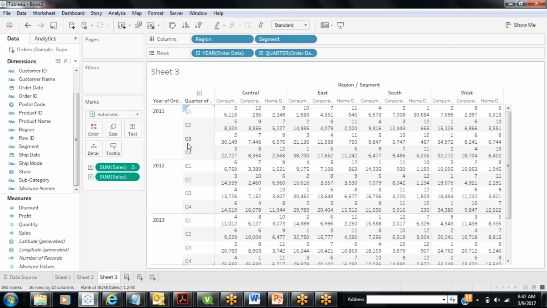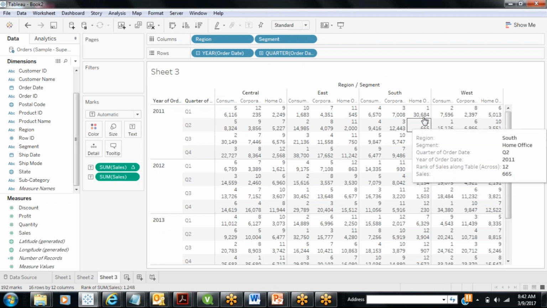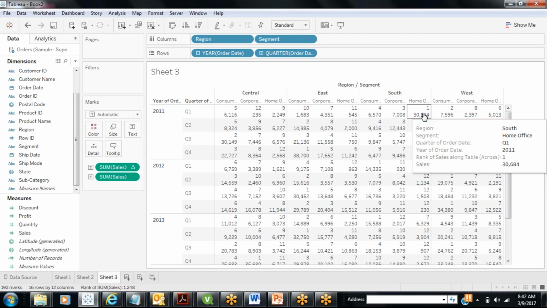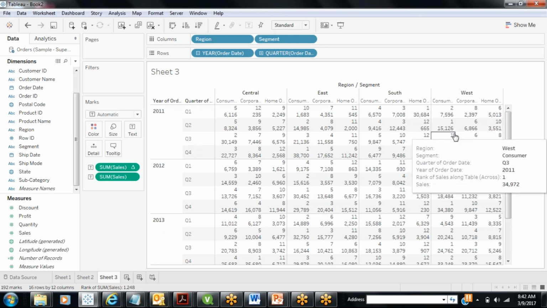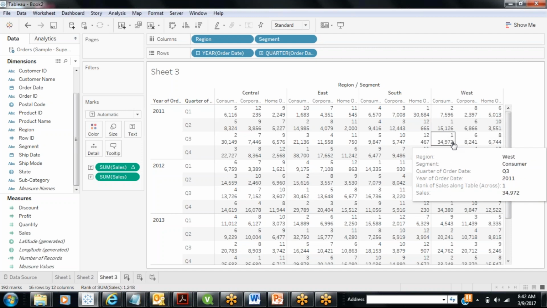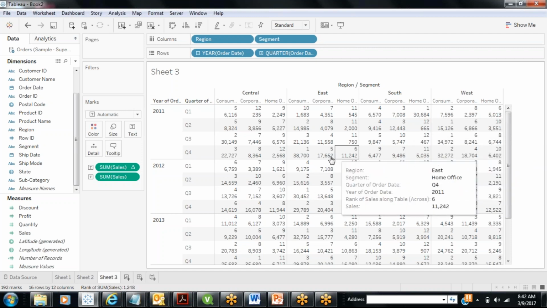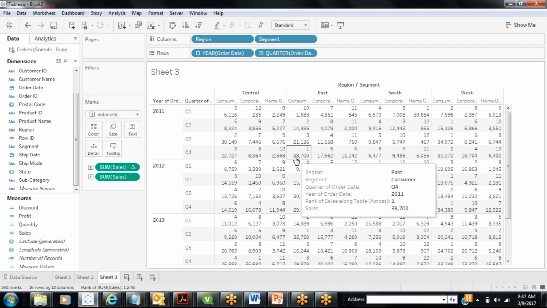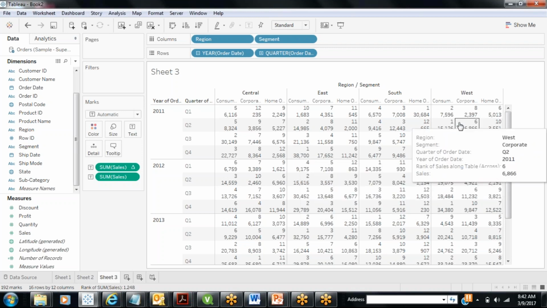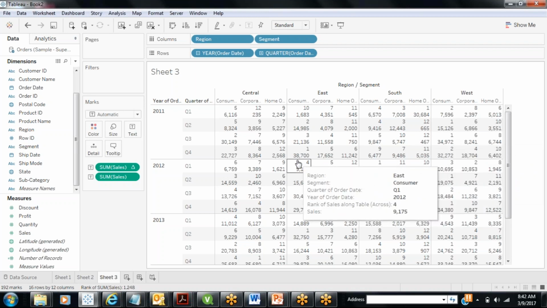So in the year 2011, for all the regions and all the segments, South Home Office took the first rank. In the second quarter, West Consumer got the first rank, and the third quarter again is continuing, and the fourth quarter the region East Consumer got it. Right? Mostly the consumer is taking the credits.